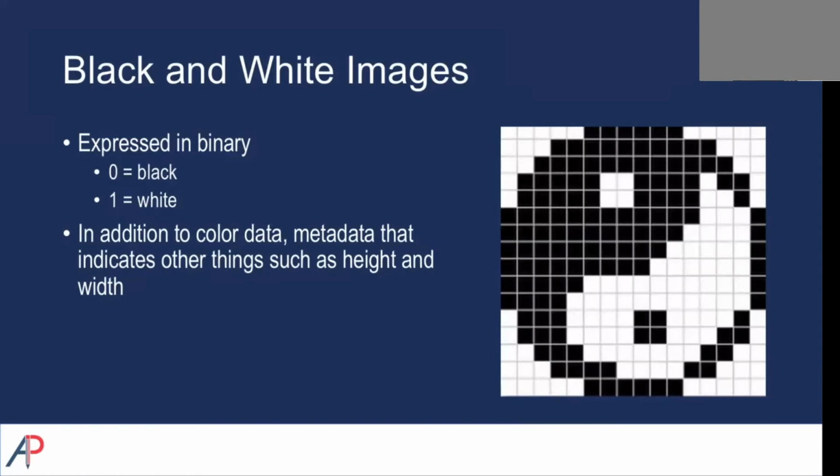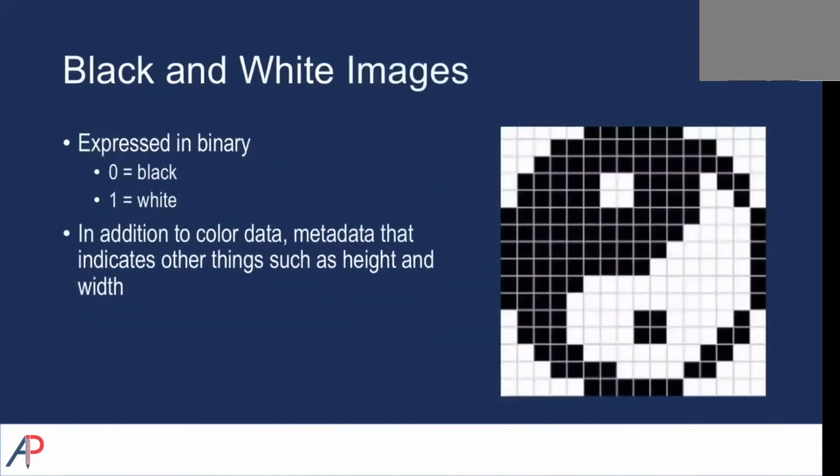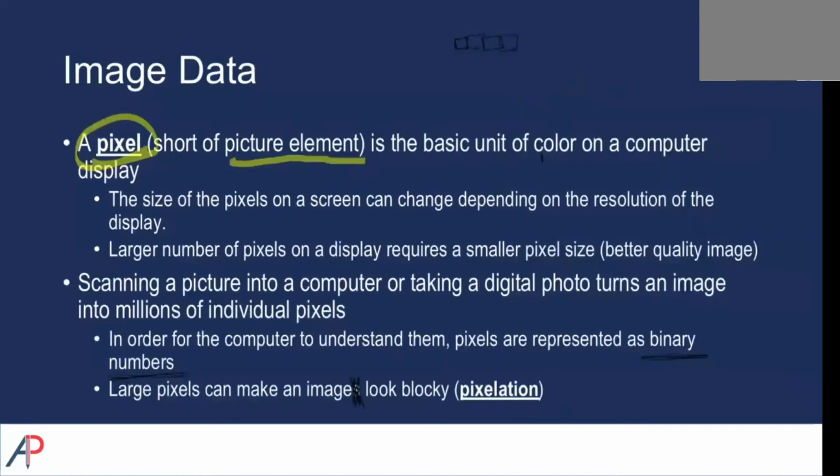Let's tie in this image with what we just did before. A pixel is the basic unit of color on a computer display. Each one of these blocks right here is what we call a pixel. The size of the pixel on the screen can change depending on the resolution of the display.